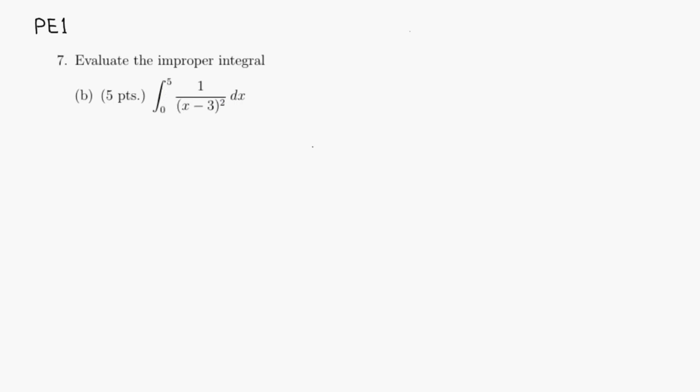So what I'm going to do is split this into the integral from 0 to 3 of 1 over (x minus 3) quantity squared dx, and then the integral from 3 to 5 of 1 over (x minus 3) squared dx.